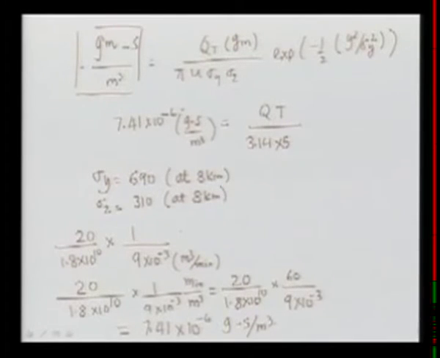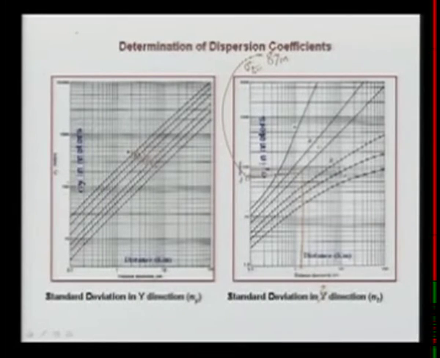If you have any doubt, we can quickly check sigma y at 8 kilometers. So this is the distance. This is 10 kilometers, this is 9, 8. So you go along the 8 kilometer and hit C here, and then come in this direction, and you'll find this value here is 310 meters.